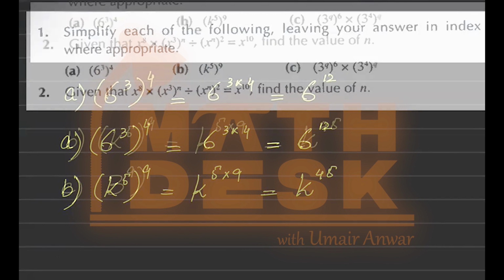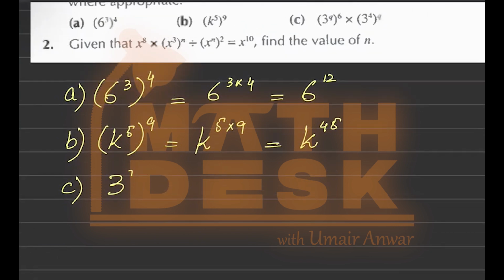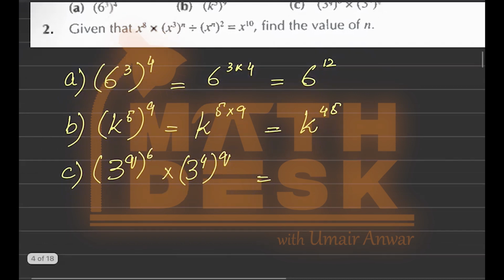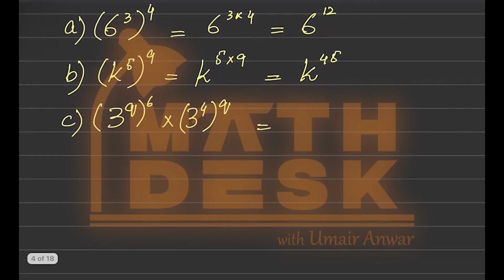Next, it is 3 raised to q raised to 6 multiplied by 3 raised to 4 raised to q. Now we would apply the law of index in both of the terms over here. The first one, both the indices would get multiplied by each other. And in the second term, the same would happen, 4 into q.